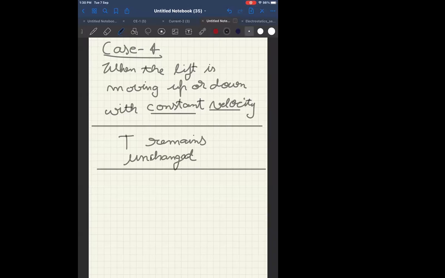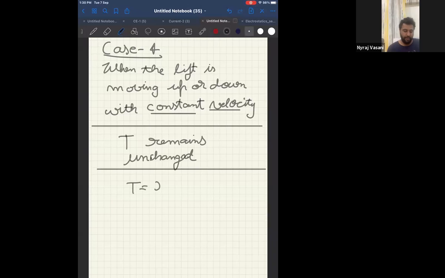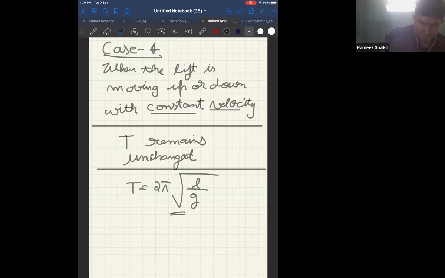What does it mean? It means T will be equal to 2 pi under root L by G itself. Is it clear? Yes, sir. Yes, make a note.